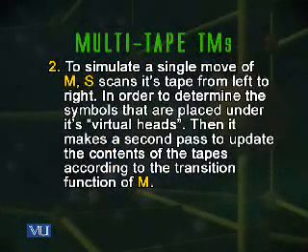To simulate a single move of M, S will scan its tape from left to right in order to determine the symbols that are placed under its virtual heads. Here, you see the Turing machine S has only a single head, whereas the Turing machine M has K heads.